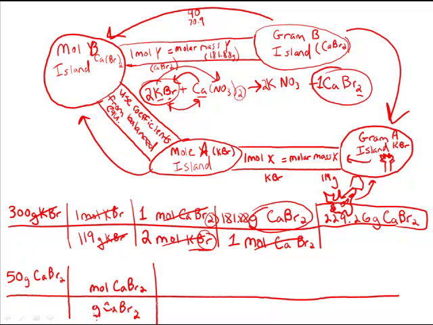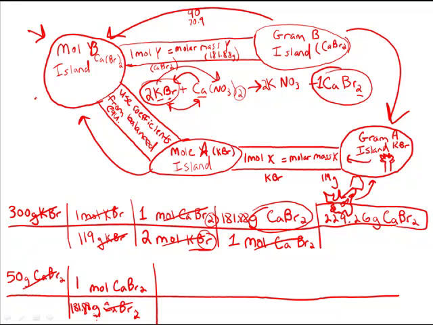There's only one mole in our equation. The mole gets the 1. The mass we already looked up for calcium bromide from the periodic table is 181.88 grams. Those are 8s, I swear. That unit cancels. We're in moles of calcium bromide. Cool, but we're still on this island here.